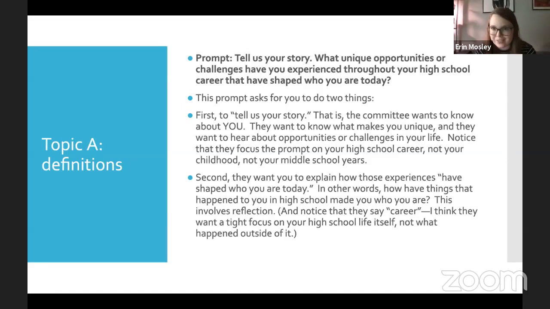This is the reflection side of things. And just a quick note on that, when they say career, they just want you to focus on that high school time frame, specifically any events that have immediately impacted schoolwork or just high school in general. Not necessarily that it has to be that, but that's just a pretty good suggestion as to what to lean towards.